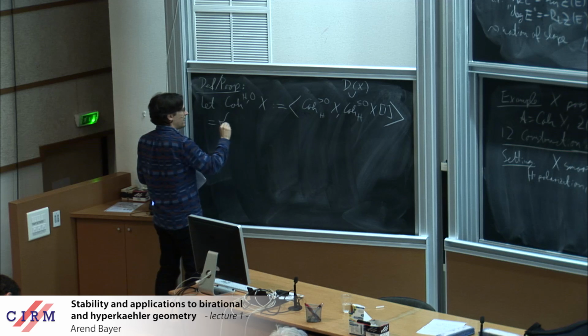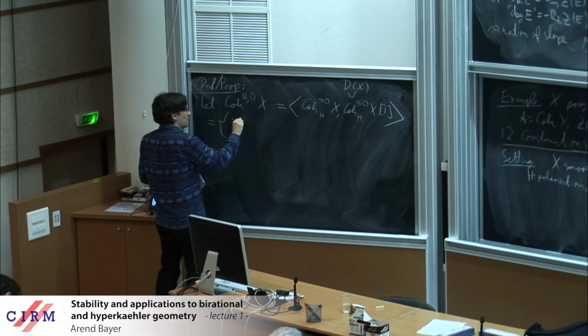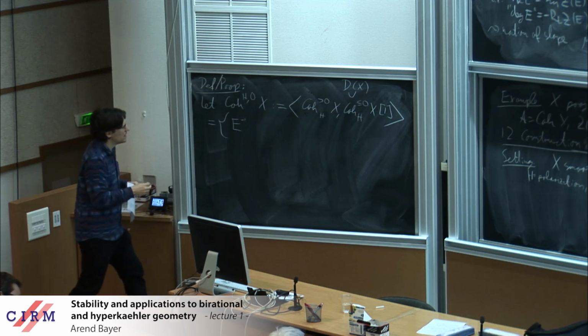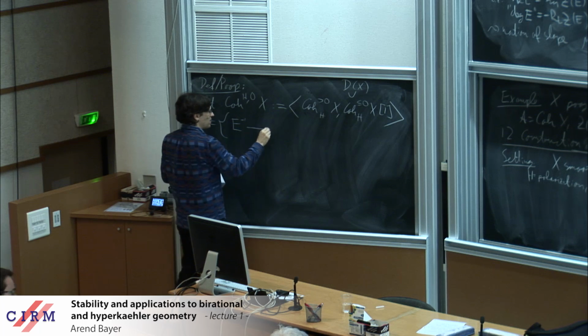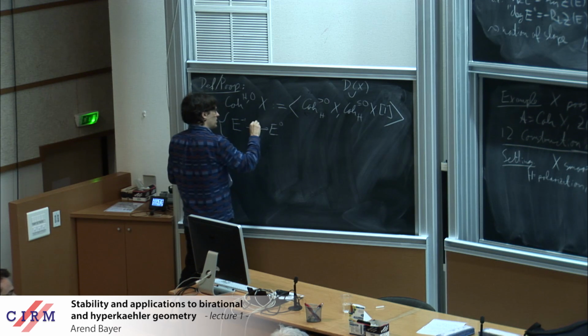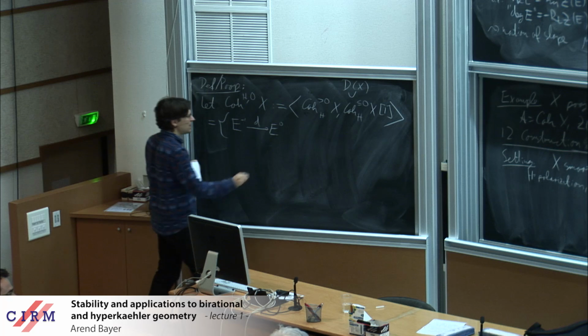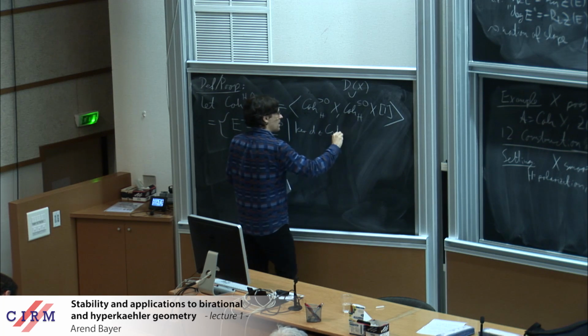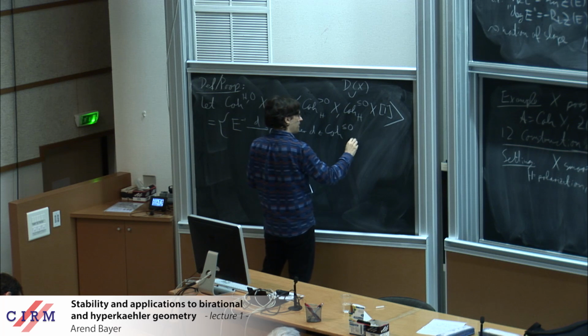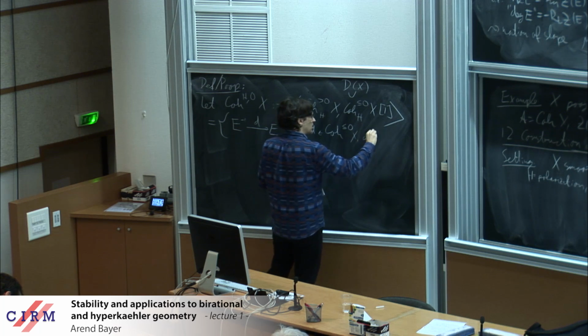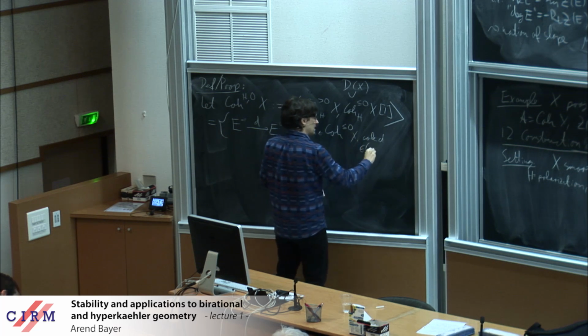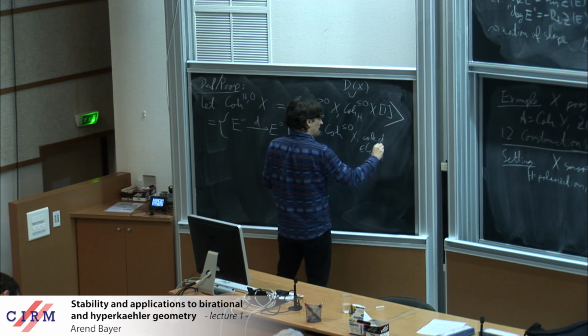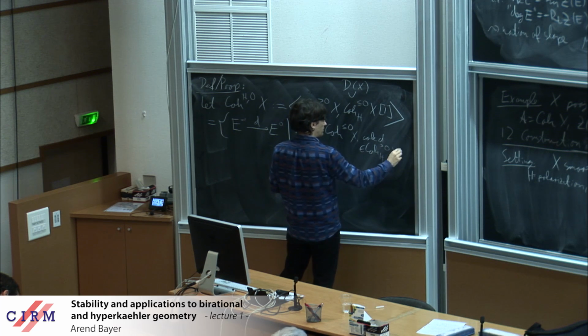The set of objects is exactly given by two-term complexes, so just a map d between two coherent sheaves, where the kernel of d is in Coh less than or equal to 0 of X, and the cokernel of d is in Coh bigger than 0 of X.